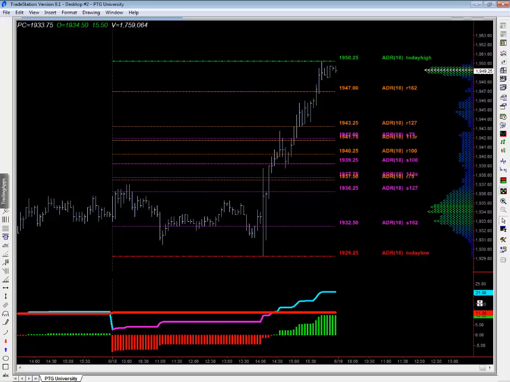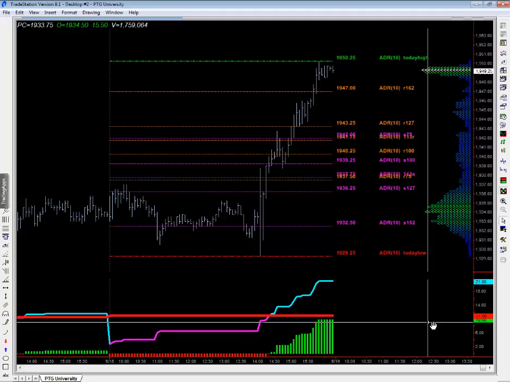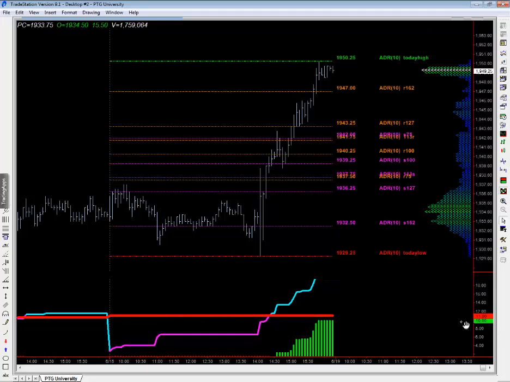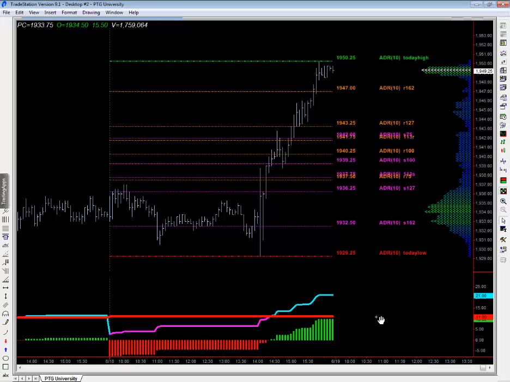Today's range is 21 points, 21 handles, and that is 10 handles higher than the average. So if today's range is greater than the average range, it shows a positive histogram, and vice versa.